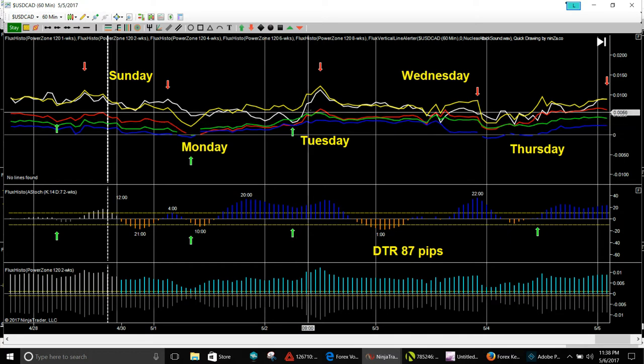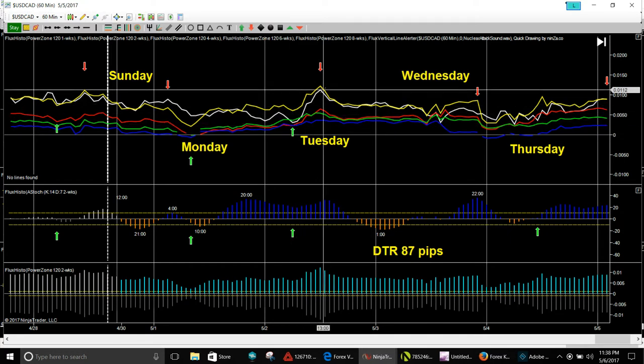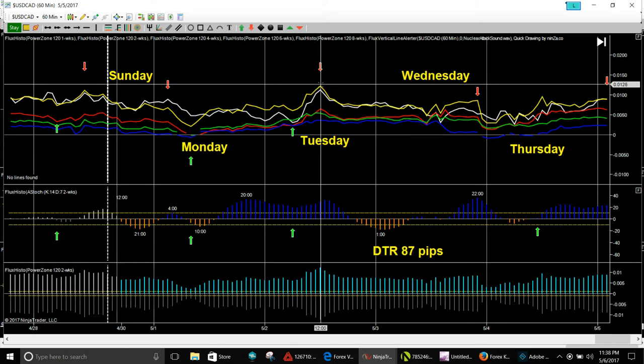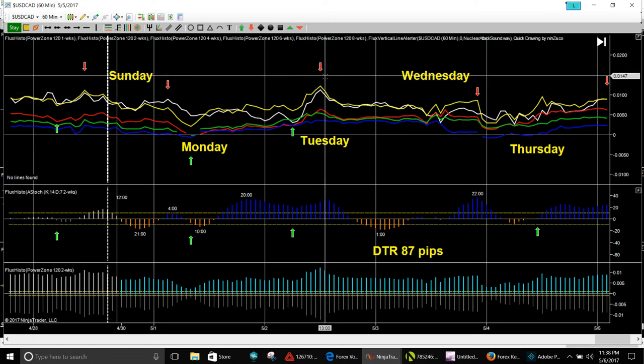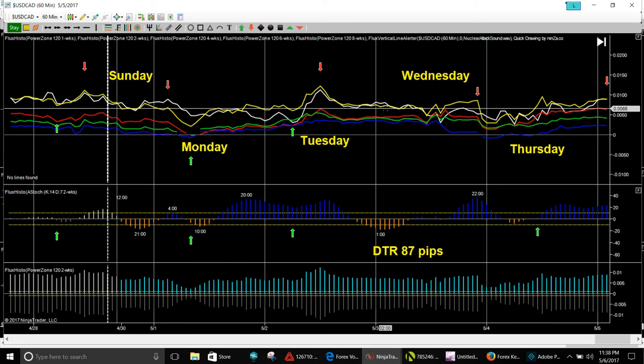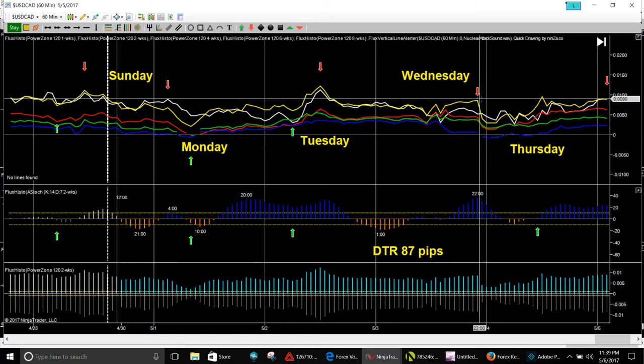Try to take a north trade to the north until 12 p.m. and then look for a down move after that. Exit your trade, take a short, and looks like it's going sideways. Looks like, yeah, it's really choppy, traders. Wow.